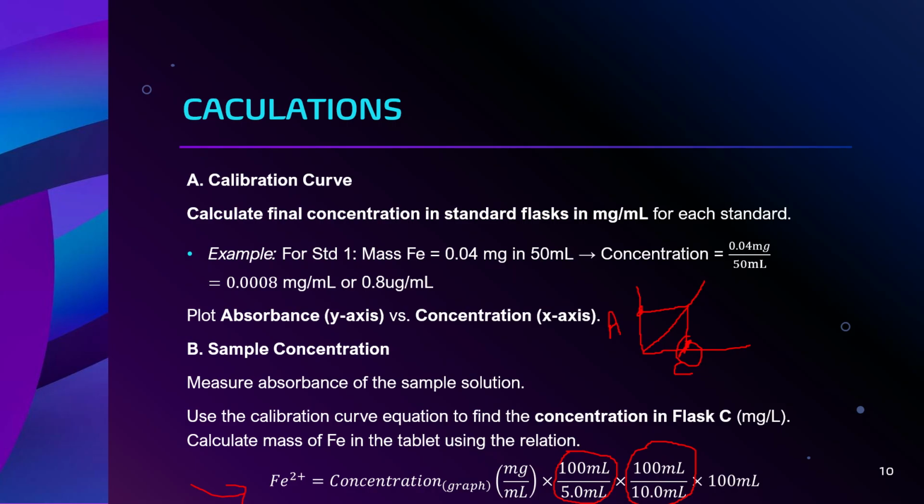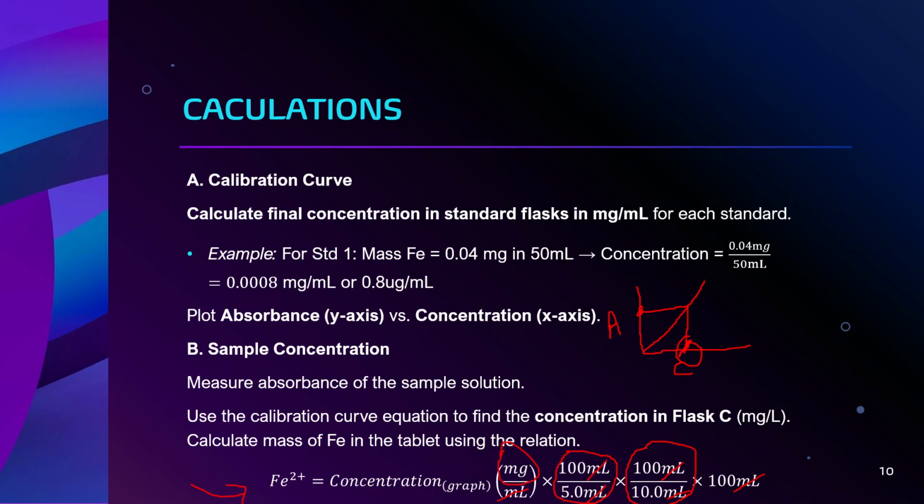Concentration multiplied with volume will give you the amount, so we multiply it with 100 ml. All these dimensions get cancelled out, milliliter to milliliter, and finally you will get only what? Milligrams. These are the milligrams of iron that were provided by the iron tablet in your system by digestion.